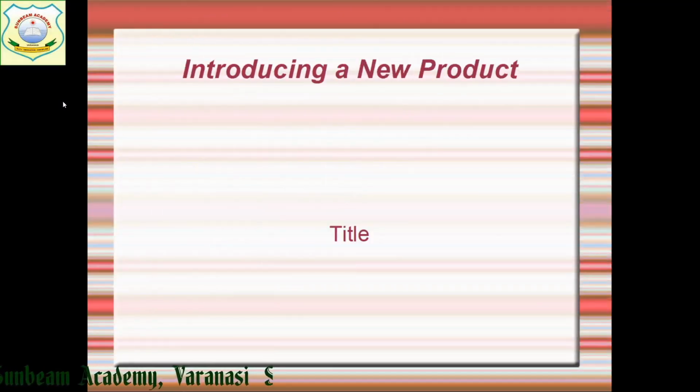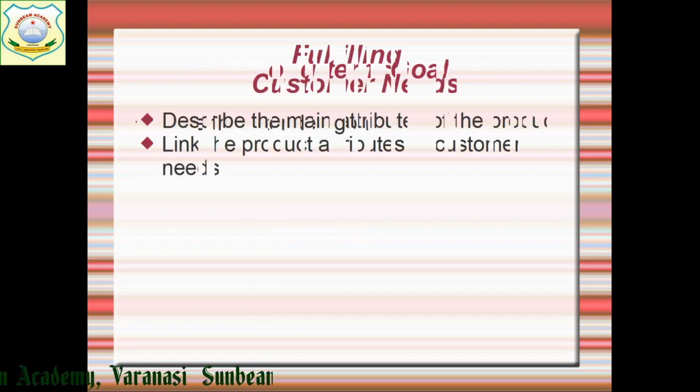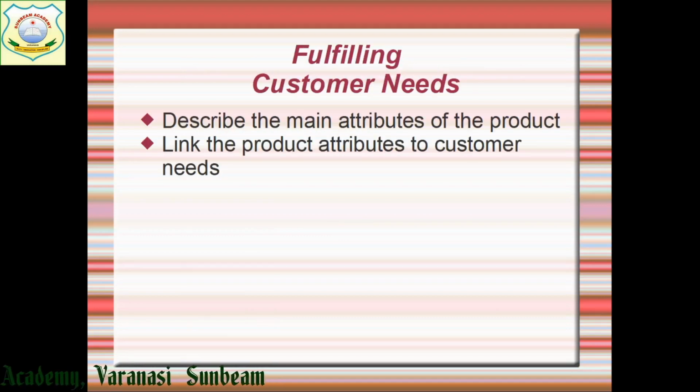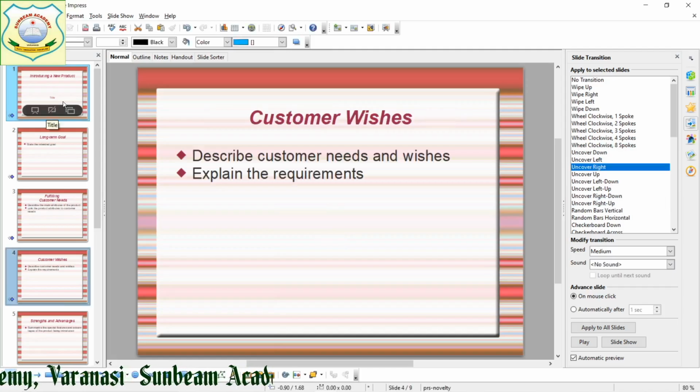Wait, 1, 2, 3. The second slide will come. Right? Then after these 3 seconds, the third one. But next, we have not given the timing, so it is not going to come. We have to use our space key or mouse, then it will come.